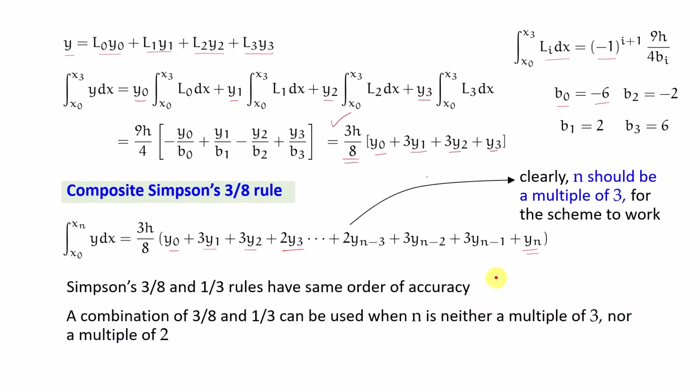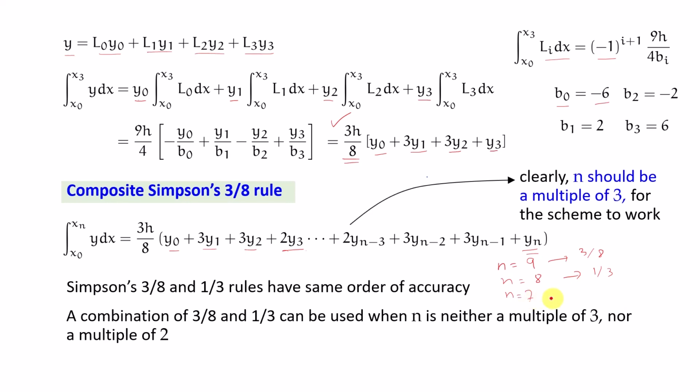So for example, if N is a multiple of 3, so let us say this is 9, then I can go for 3/8 rule. If N is 8, I can go for 1/3 rule. But let's say N is 7, I cannot use any of them individually, but I can use them together.